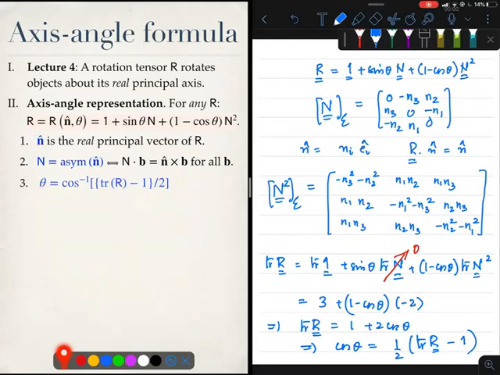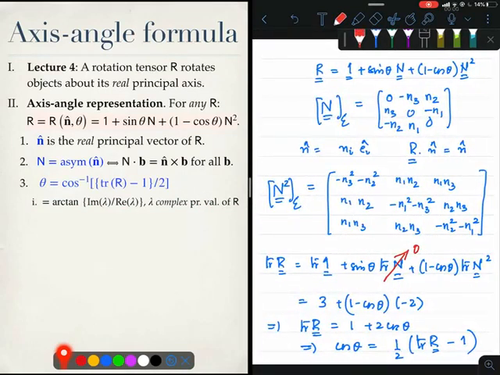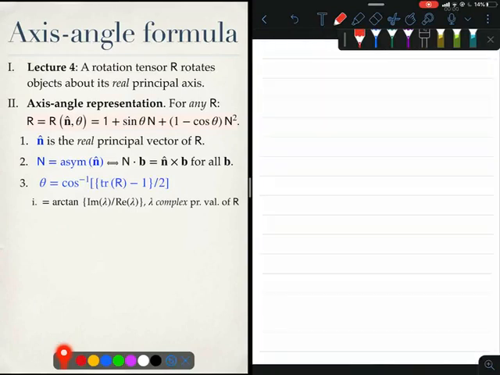Some time ago, I believe in lecture 4, I gave you a different formula for theta. It was in terms of the tan inverse of the imaginary part of lambda upon the real part of lambda, where lambda was a complex principal value of R. So let me remind you what it meant: if R has a complex principal value, which is a plus ib, then I had said that theta is tan inverse of b upon a.